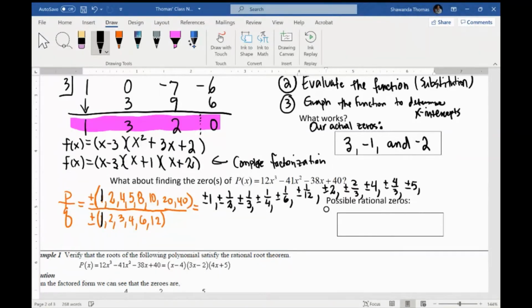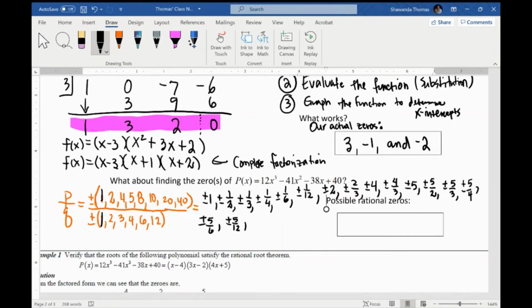Yep. 5 divided by 2 is 5 over 2. 5 divided by 3 is 5 thirds. 5 divided by 4 is 5 over 4. 5 divided by 6 is 5 over 6. 5 divided by 12 is 5 over 12. Yes.